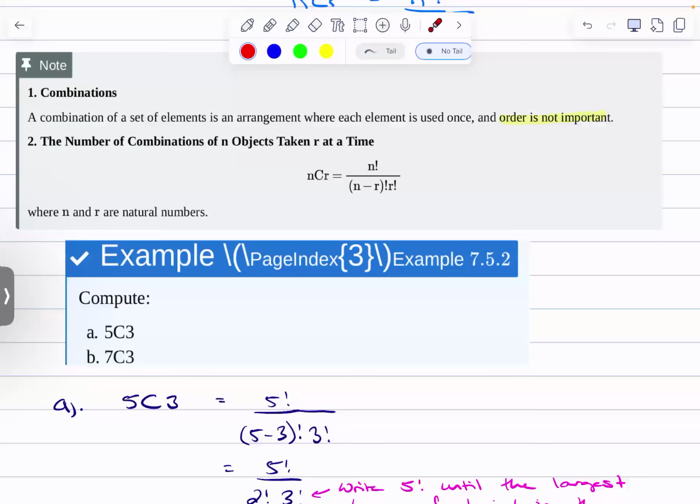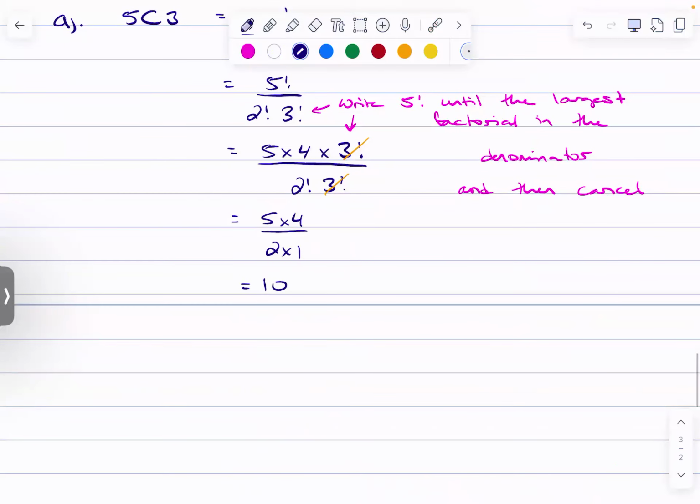Not too bad. And then you can confirm it with your calculator. Now, depending on your calculator, almost any scientific calculator that you have is going to have an nPr button and an nCr button.